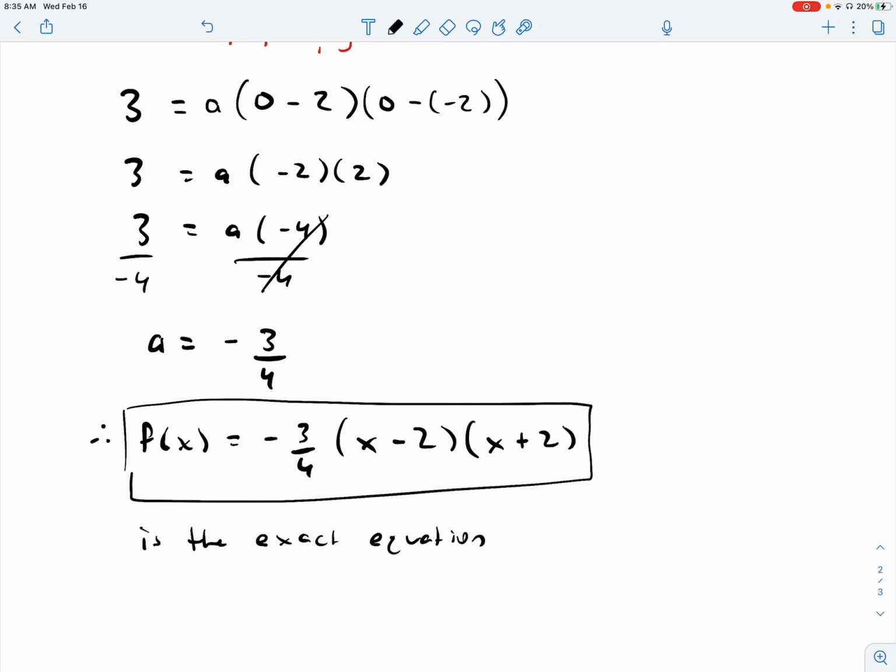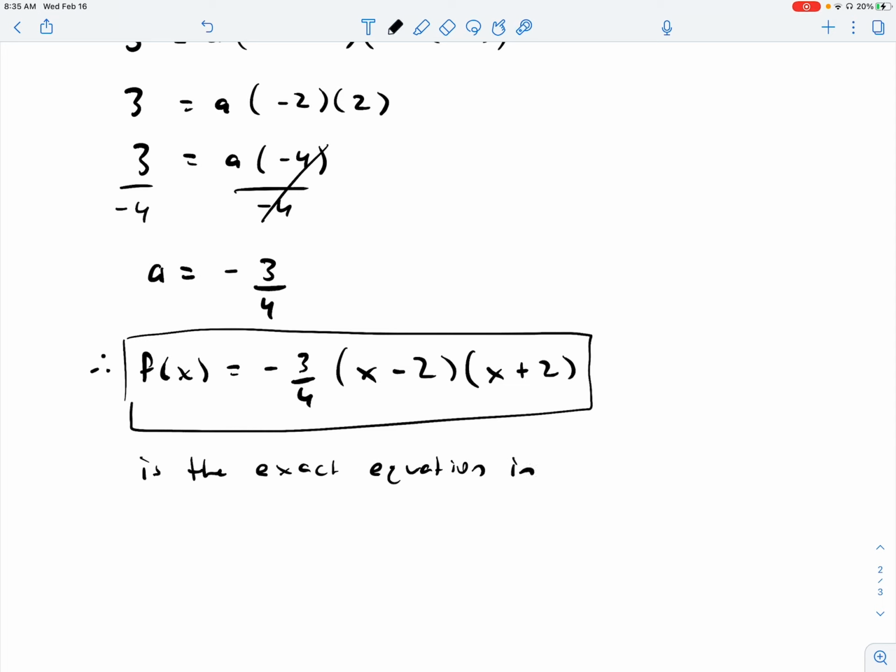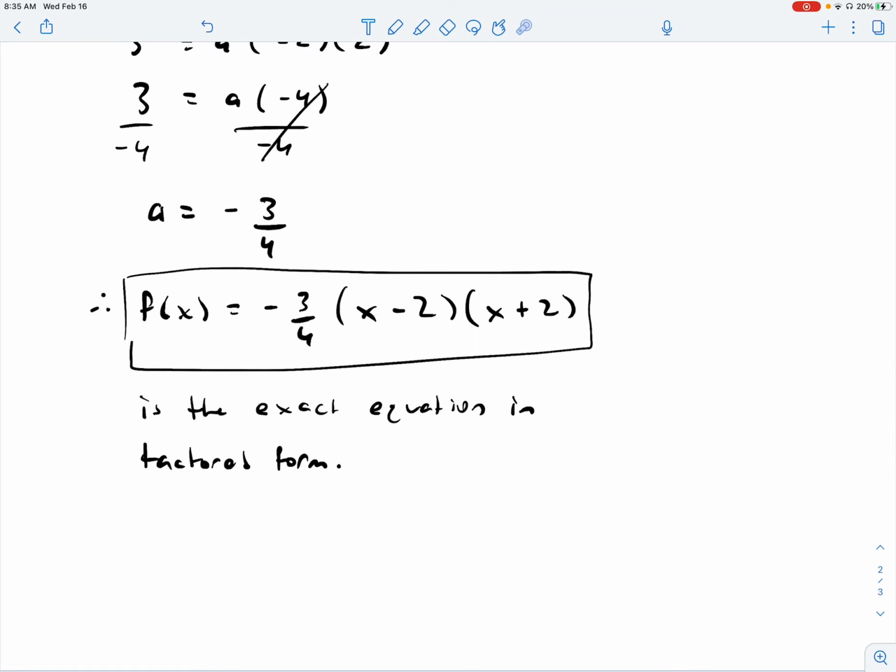However, I believe the question asked for it in standard form. So this is the exact equation in factored form. So why don't we go ahead and distribute? That way we can put everything in standard form.